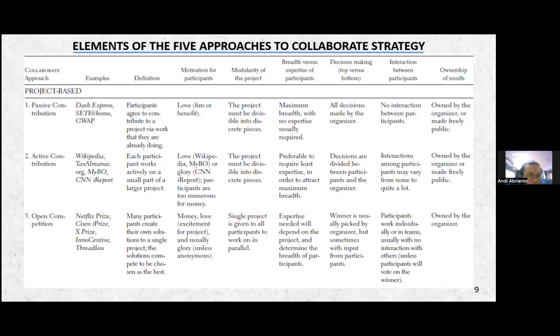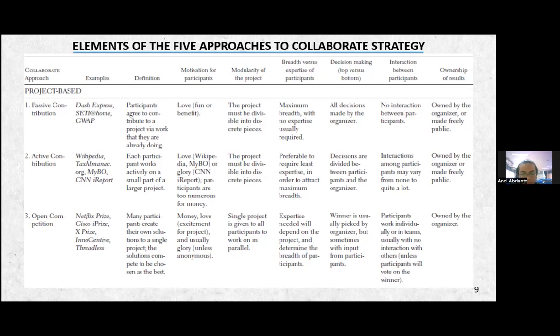And the last approach of the project-based strategy is open competition. In this approach, the project to be tackled is not easily broken down into smaller pieces that can be given to different contributors.